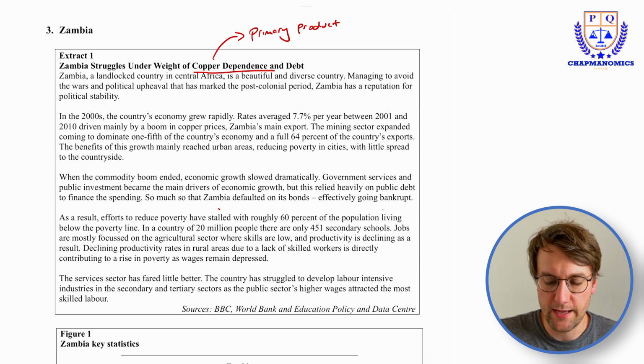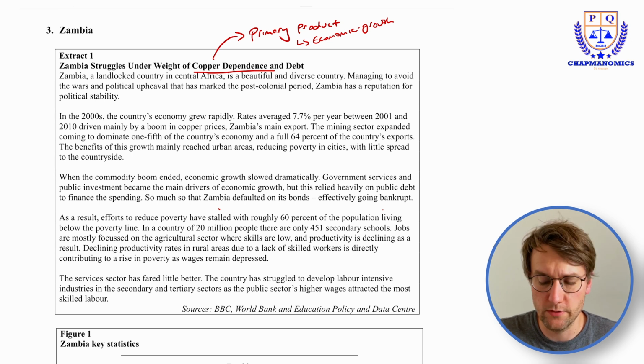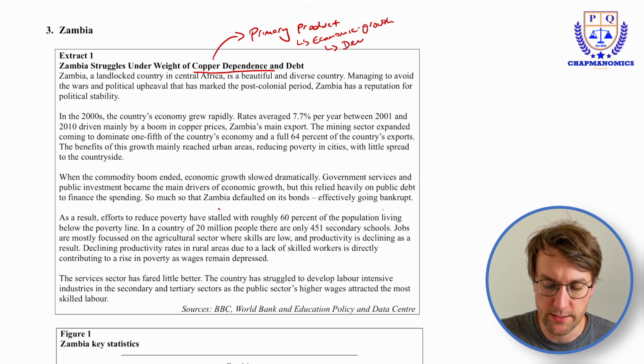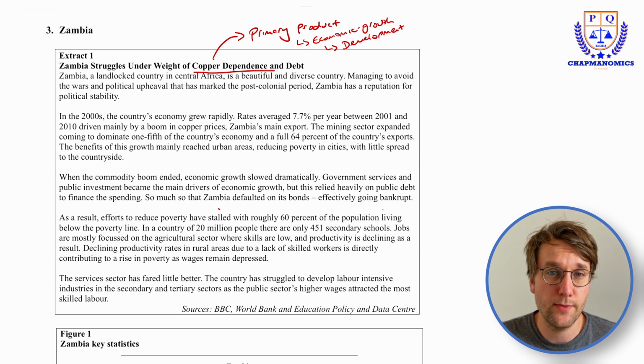This could link potentially to economic growth, as we're looking at quite low value economic goods and services here. But it could also lead to development issues as well, because copper is mined out of the ground, which to me says maybe not the healthiest of things to be doing, and so perhaps has an impact on life expectancy as well.